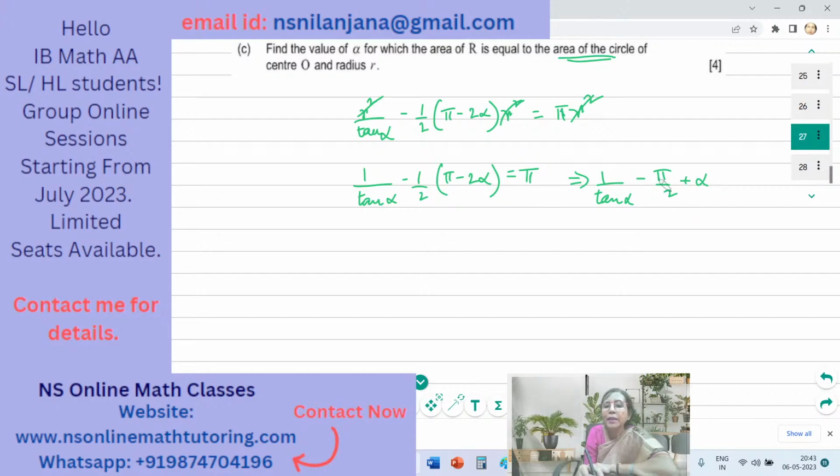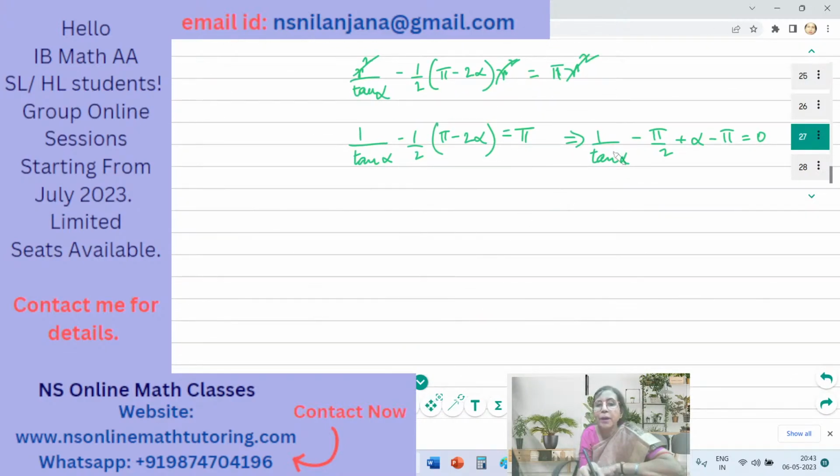And if I bring the pi to this side, means if I add minus pi to both the sides, I get this as 0. Let me just complete this part, and I'll say another way. So 1 over tan alpha minus pi by 2, and minus pi is minus 3 pi by 2.